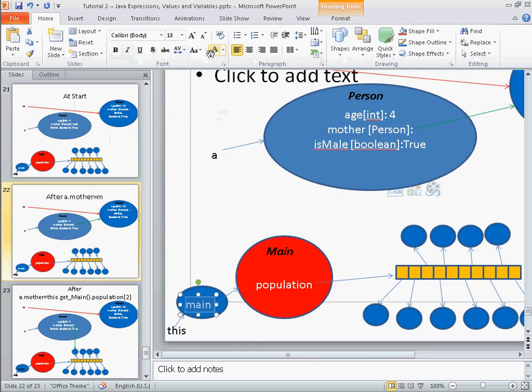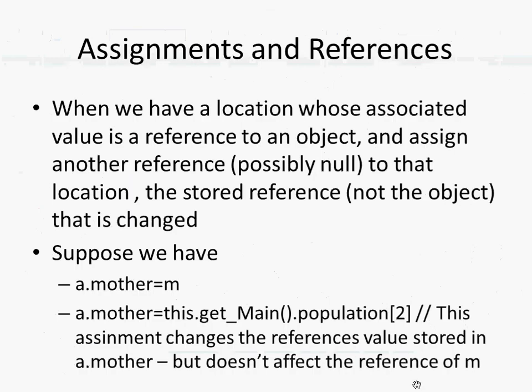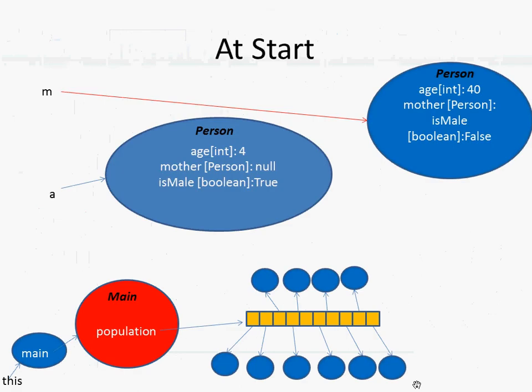Then when we say A dot mother equals this dot get main, it returns a reference to this main object, and this main object's population is obtained. It returns a reference to this, and then the third element in it, 0, 1, 2, is found, and it returns a reference to this, and this guy points to that. Does that make sense?